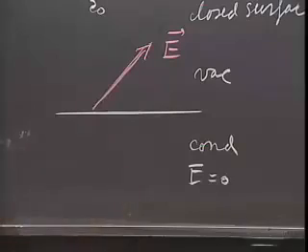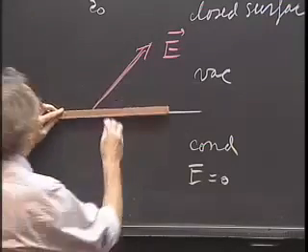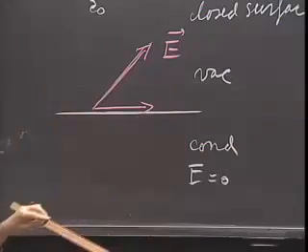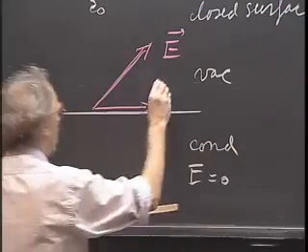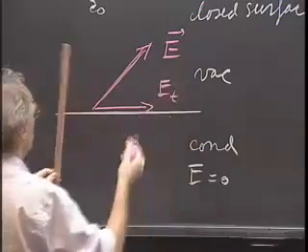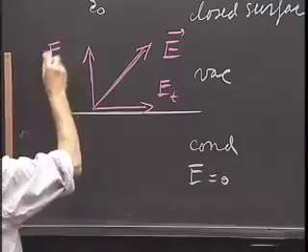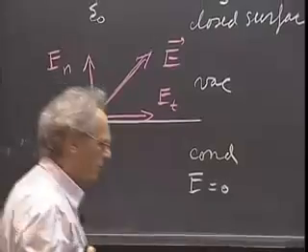It's a changing electric field vector. I'm decomposing this into a component which is tangential, in the plane of the surface, which I call E tangential, and a component which is normal to the surface, which I give an N.